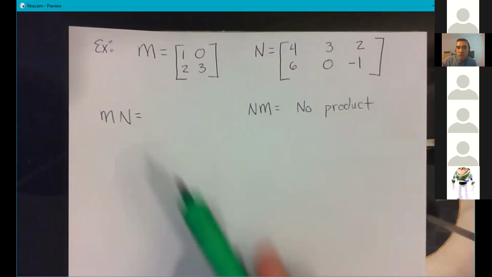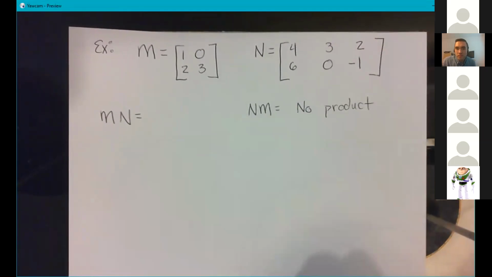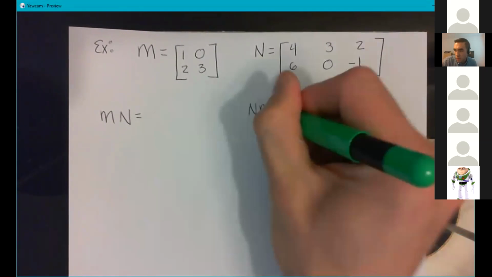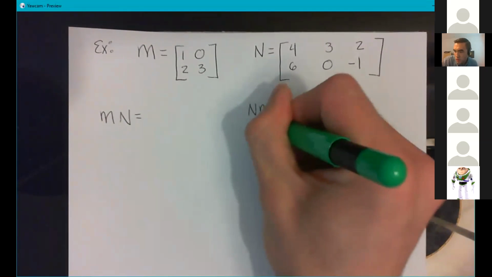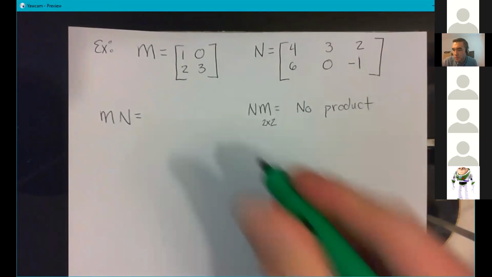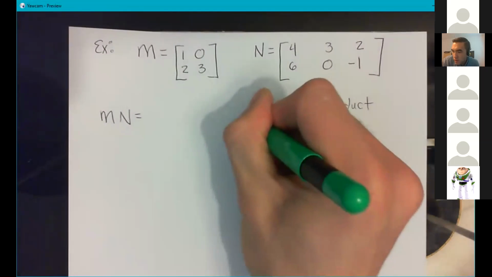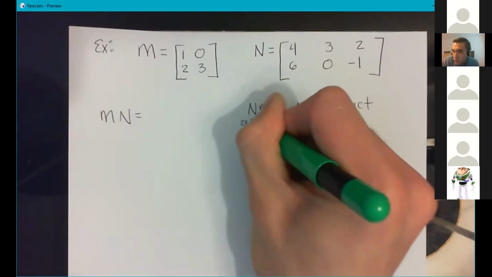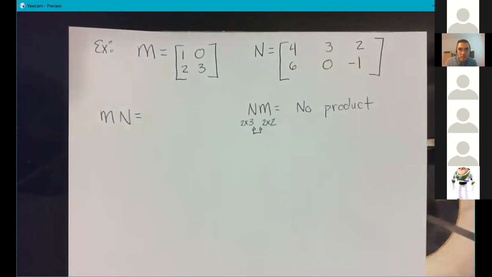But here's why. What's the dimensionality of matrix M? 2 by 2. What's the dimensionality of matrix N? 2 by 3. And these two numbers on the inside do not match. So there is no product.